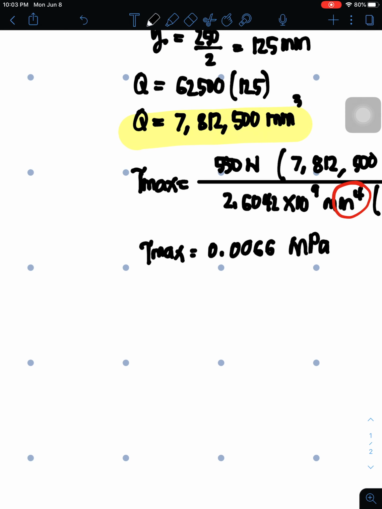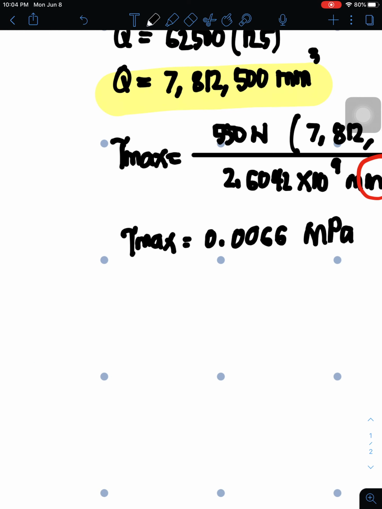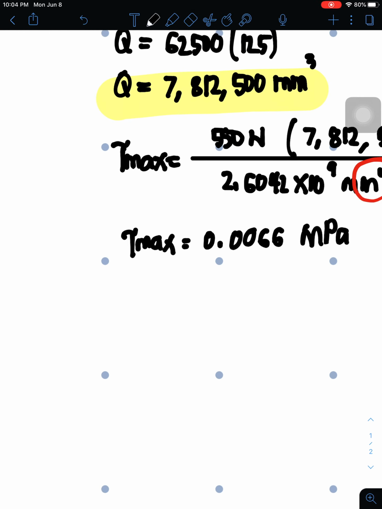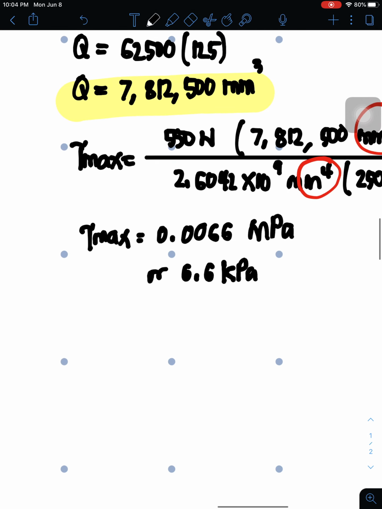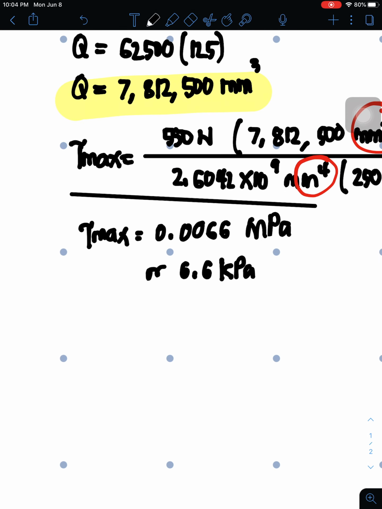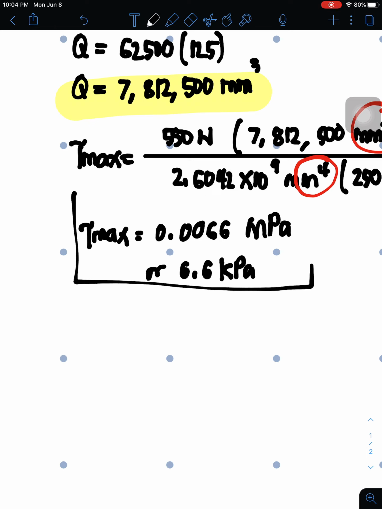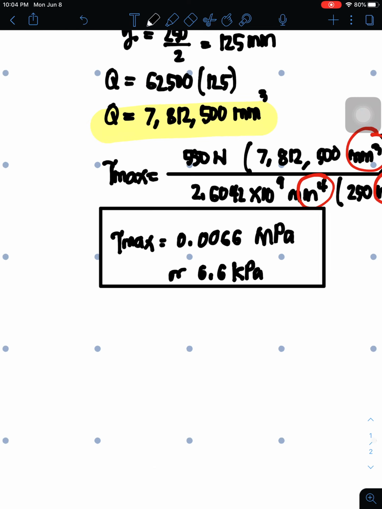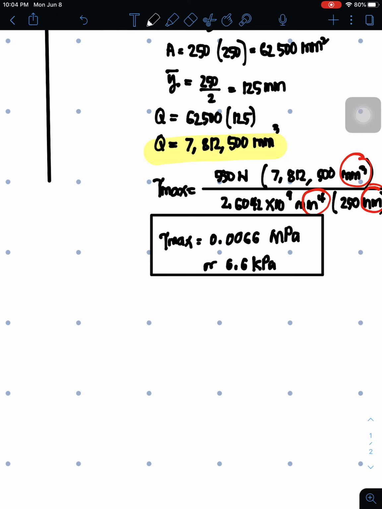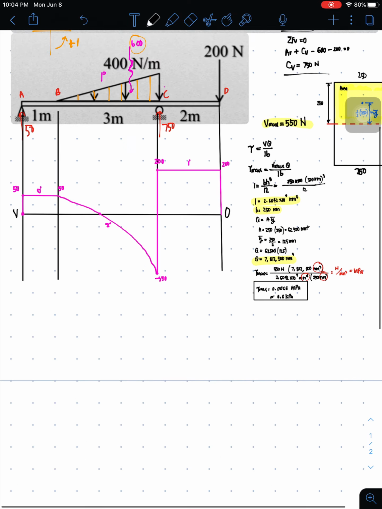And to make it in kilopascal, or at least dili siya close to 0, all we have to do is multiply it with 1000, or that's 6.6 kPa. This is our answer. And this is our shear max. Let's continue with the next one.